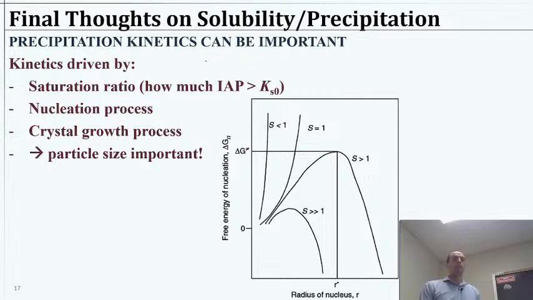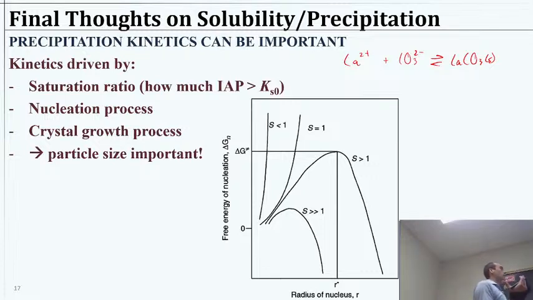So if we just take a simple case that we talked about earlier today, right? This guy in equilibrium with calcium carbonate. The solubility product, I should write this the other way, right?